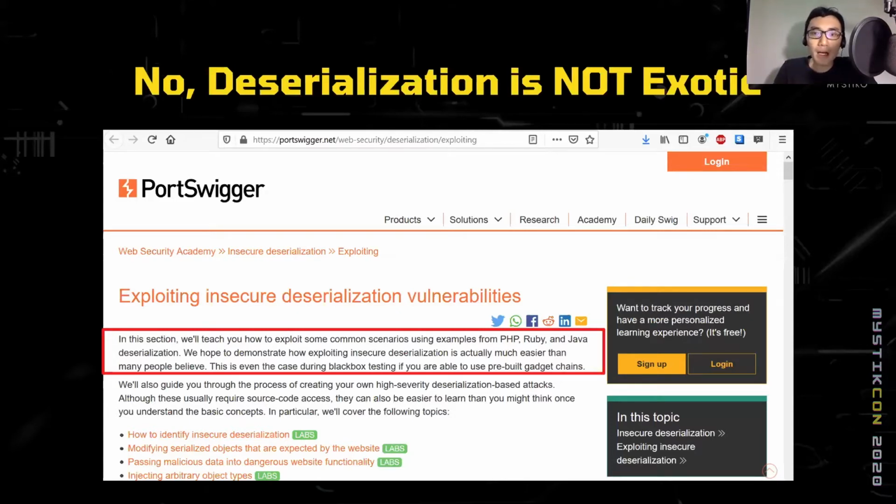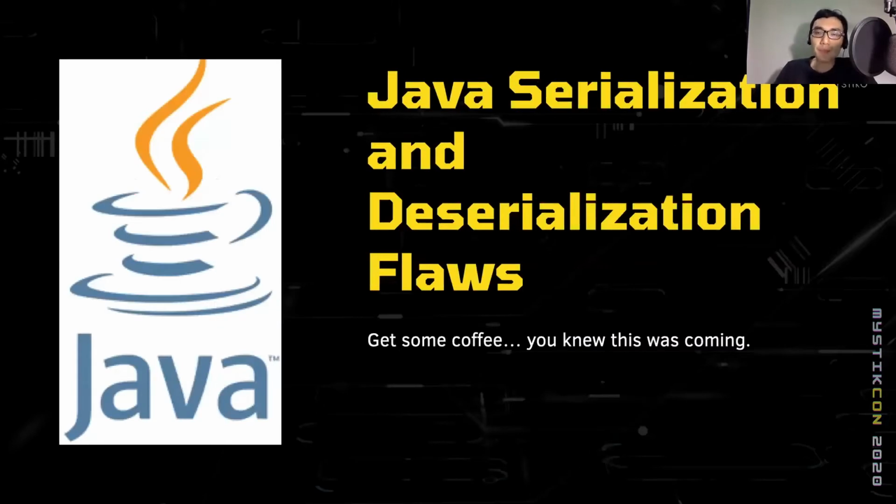But the long story cut short is that knowledge on this is quite commonplace nowadays, and so you can no longer treat this as something that is exotic or hard to carry out. There's a lot of open source information about this, and one of the objectives of this talk today is to show you where to look for all of this information. So without further ado, let's jump in specifically into Java.